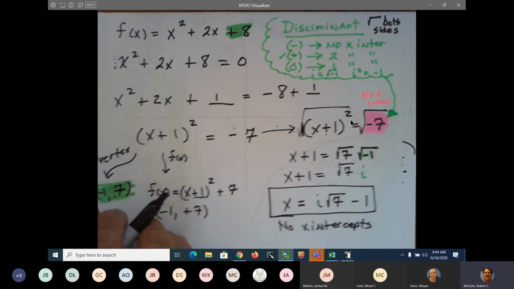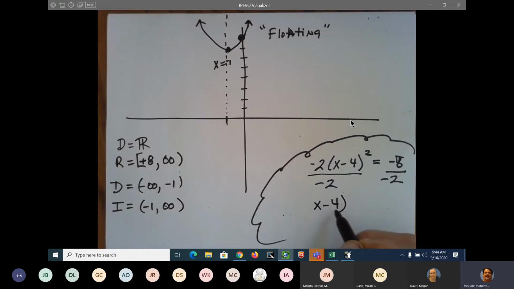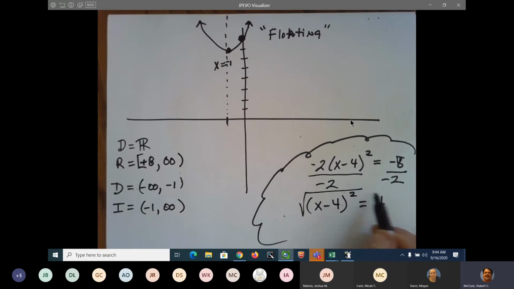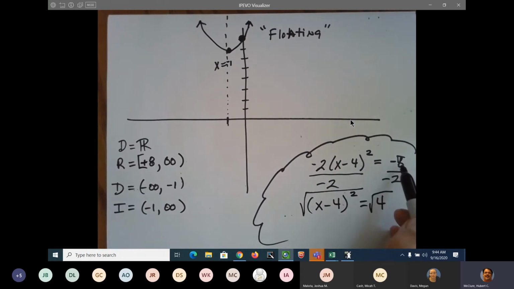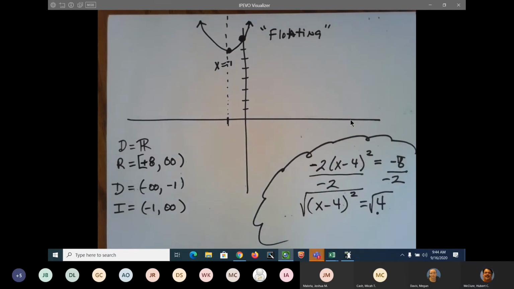But right here, if you do this and then you get the quantity x minus 4 squared is equal to 4, then take the square root, the negative that you had is now telling you that you have 2 x-intercepts instead of no x-intercept. So you got to be careful. If there's a negative out front, be careful.